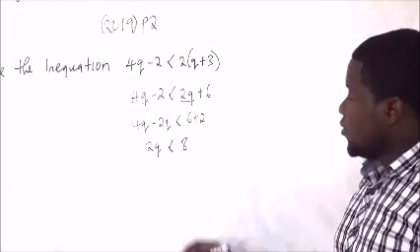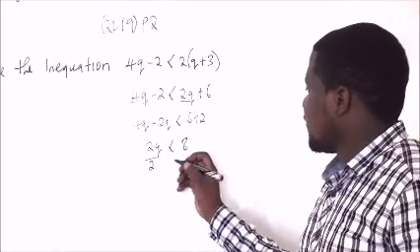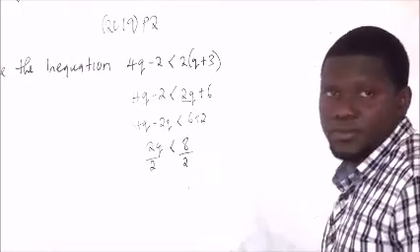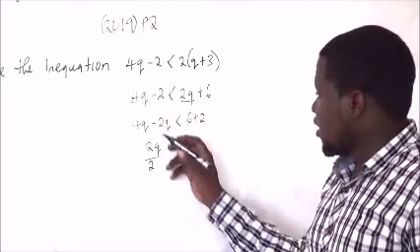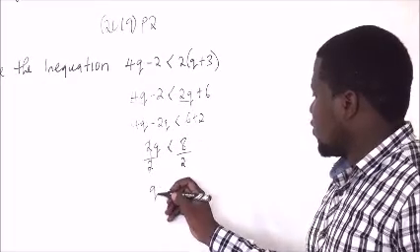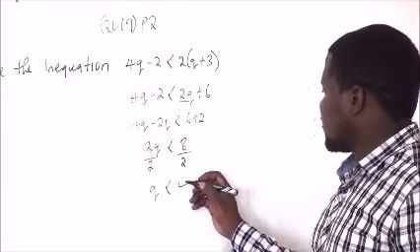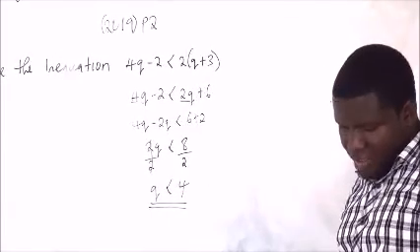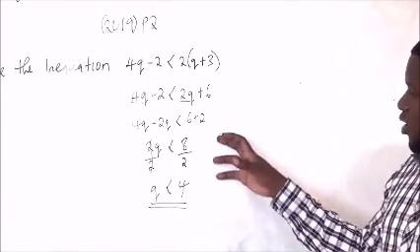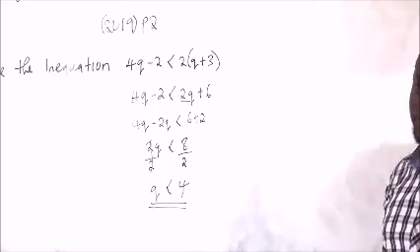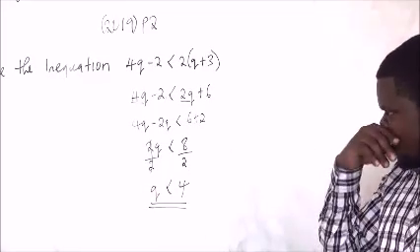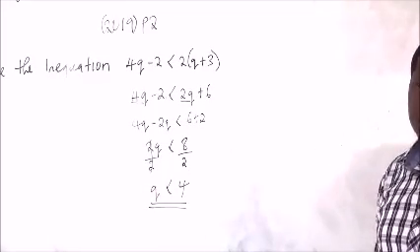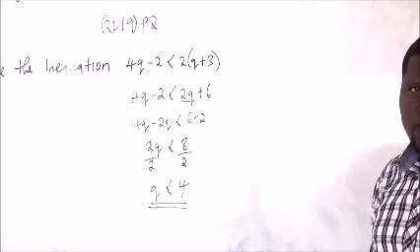And thereafter, you divide both sides by 2. And from there, we'll say q will be less than 4. This is the final answer on this particular problem, because the coefficient of q is positive, not negative.